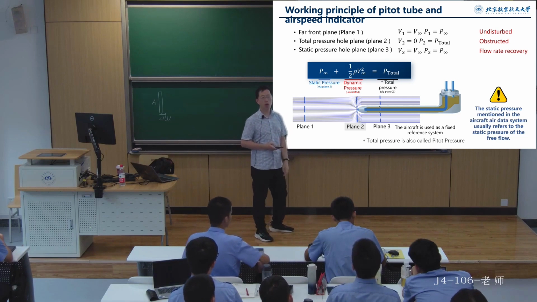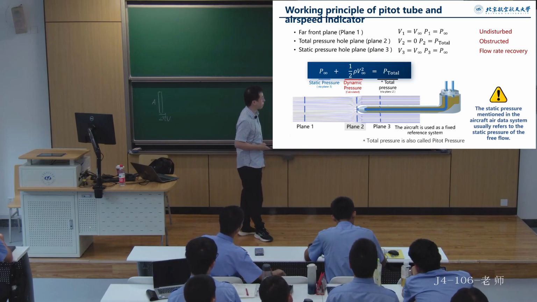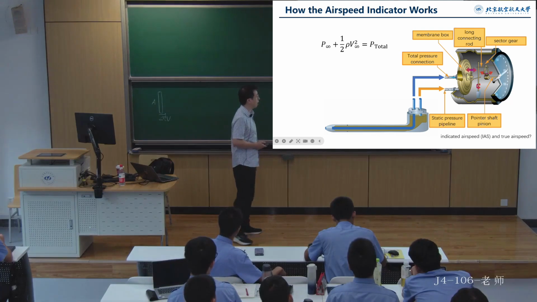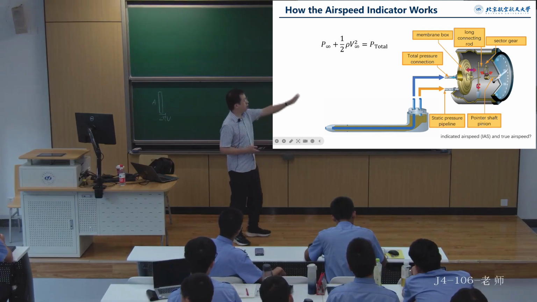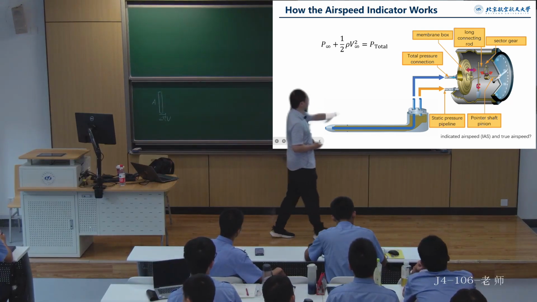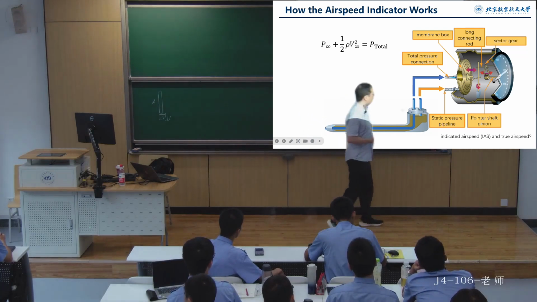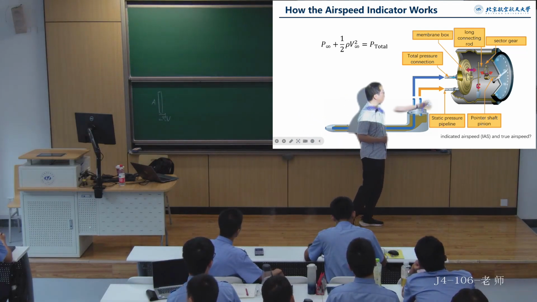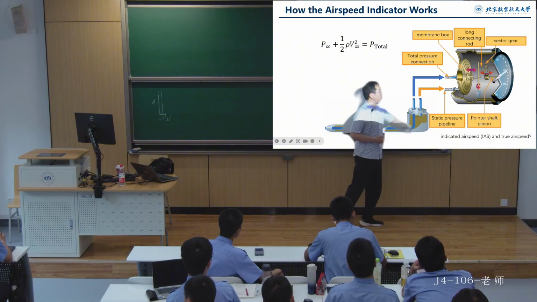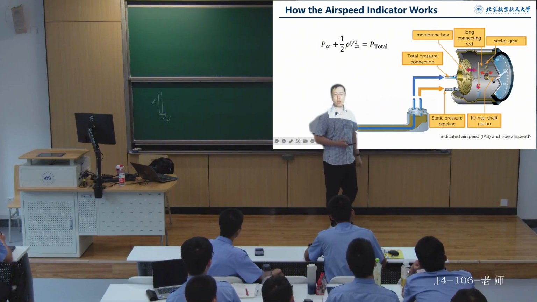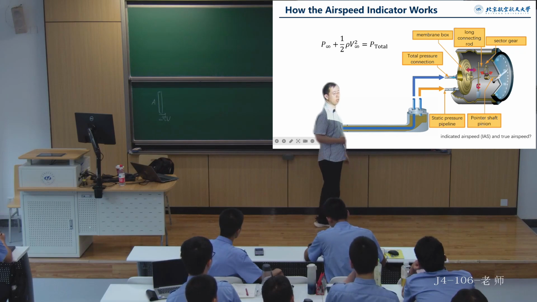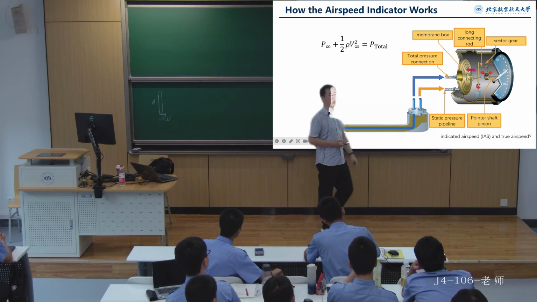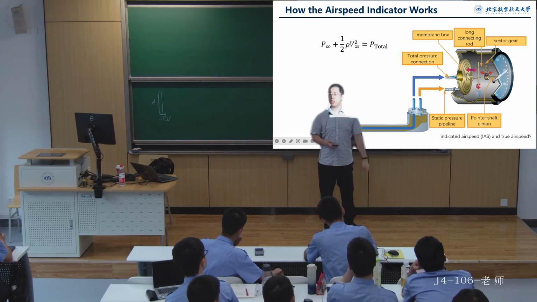What do we do? So here, let's take a look. After passing through the pitot tube, we will need to connect the total pressure and static pressure pipes to our airspeed indicator. The structure of the airspeed indicator is actually somewhat similar to the altimeter we discussed in the previous lecture.